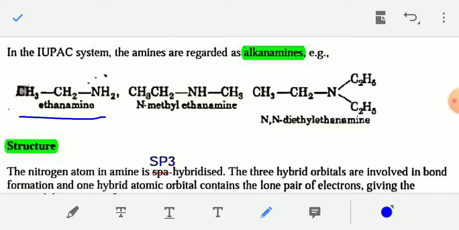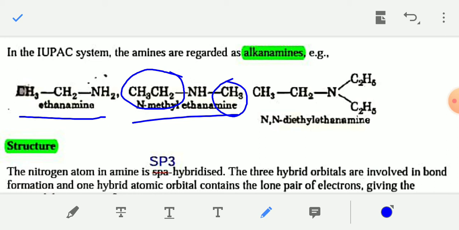And in case of secondary amine, there are two alkyl groups. It may be of the same type or different types. So in this example, you can see on one side of NH there is an ethyl group, and on another side of NH there is a methyl group, CH3 group. So the amine is CH3CH2NHCH3.